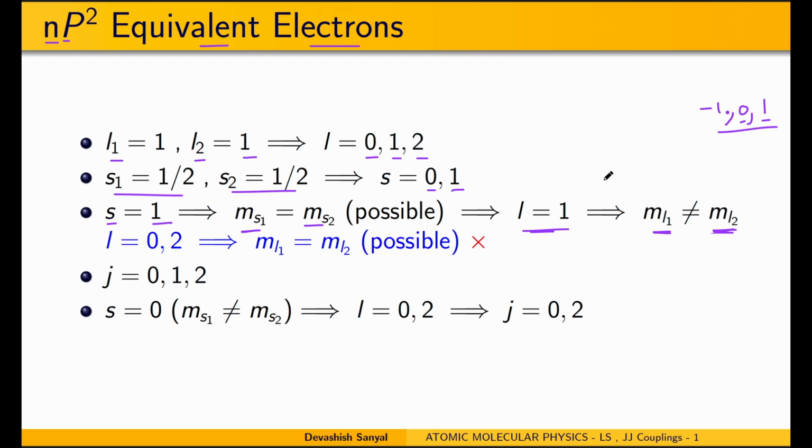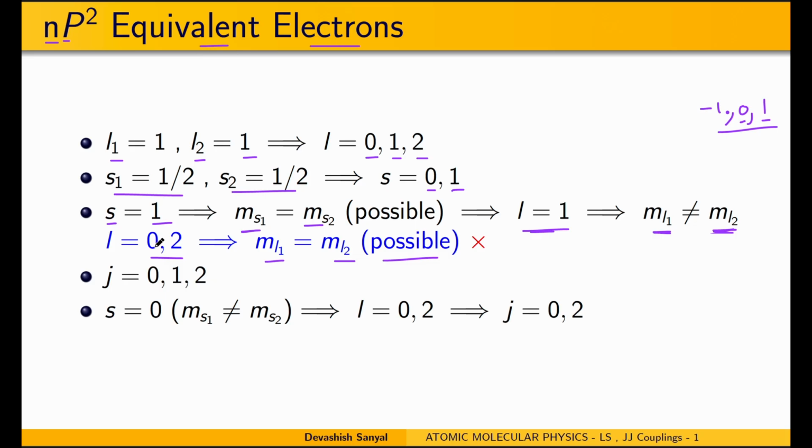But for S is equal to 1 with L is equal to 0 and 2, you can see that ml1 can be equal to ml2. That's possible. If this is possible, then for L is equal to 0, both the orbital z components will be 0.